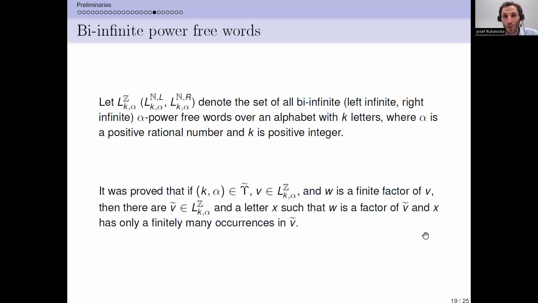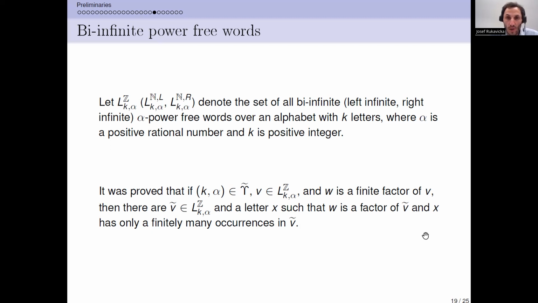So now I'm considering a bi-infinite alpha power 3 word with some factor, and I construct another bi-infinite alpha power 3 word with the same factor and with only a finite number of occurrences of some letter X. So in the paper from last year, I generalized this basic essential result, and I showed it for this configuration.